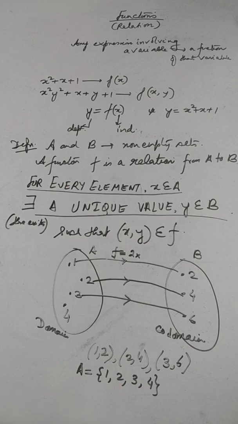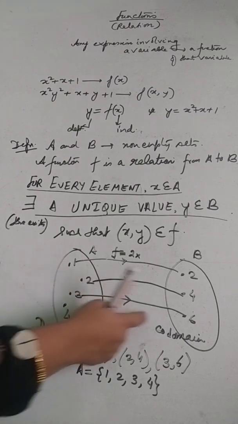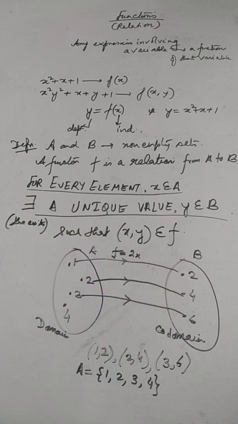Every element belonging to the domain must have a unique element belonging to the codomain. Notice what is happening. 4 is there in the first set, which does not have a corresponding value of y. There exists a value x in the first set which does not have a corresponding value of y.